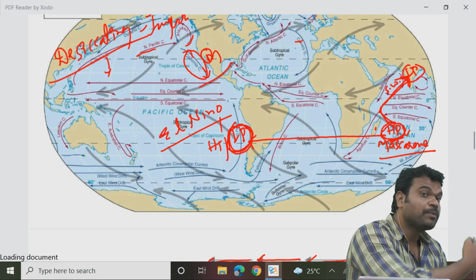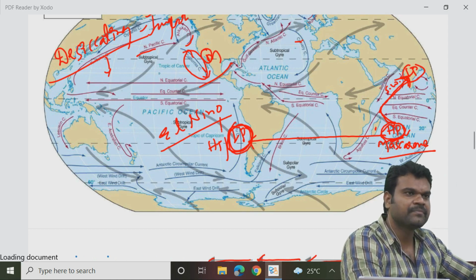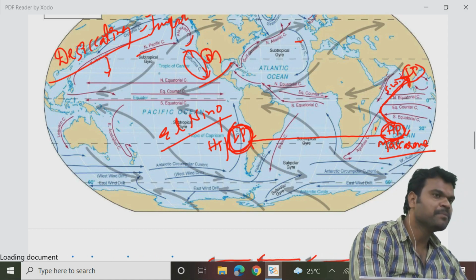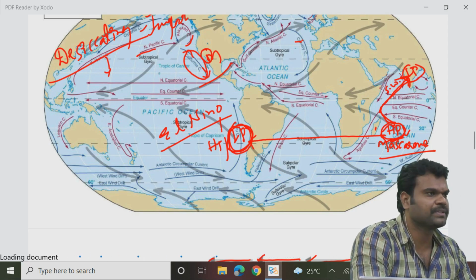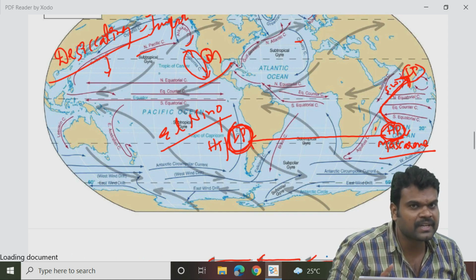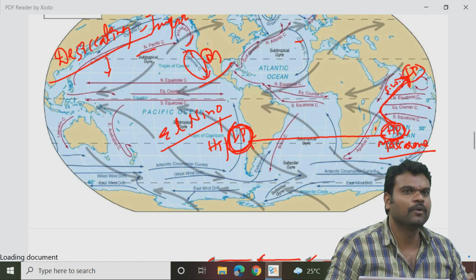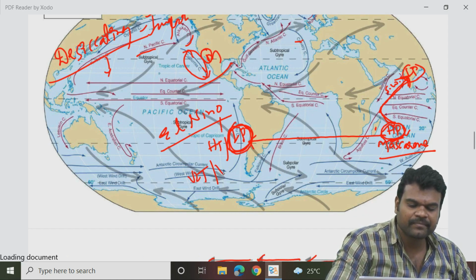As a result, what about their capacity to drag the warm waters? Very high. At that point of time, the vacuum formed would be very extensive. In order to fulfill that, more cold water should come from the deep portions of the oceans. As a result, compared to the regular Peruvian current, what about the temperature here?